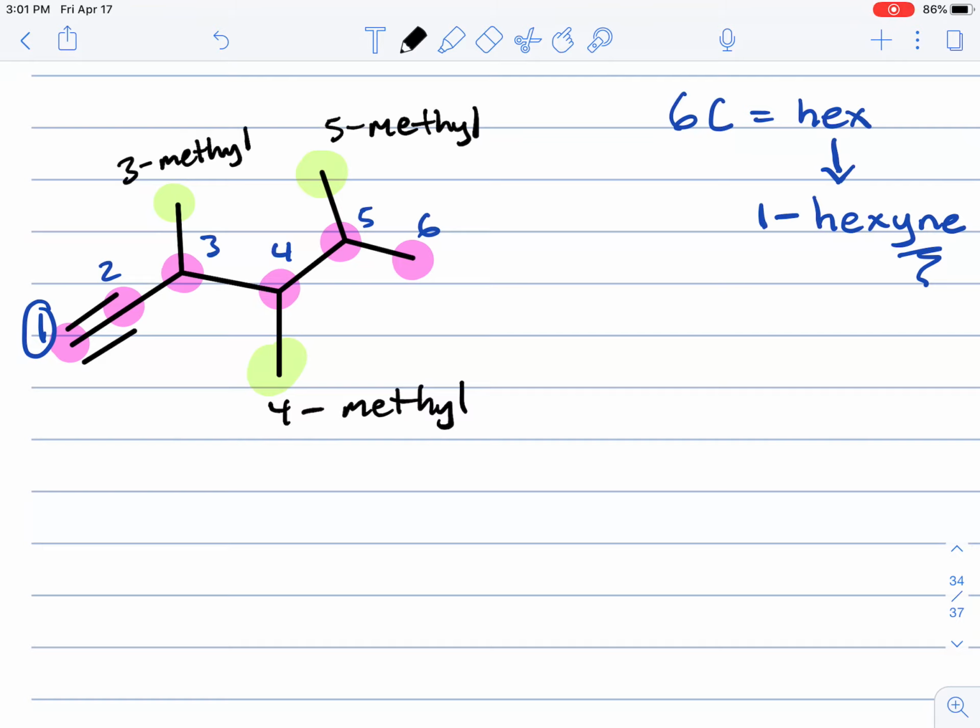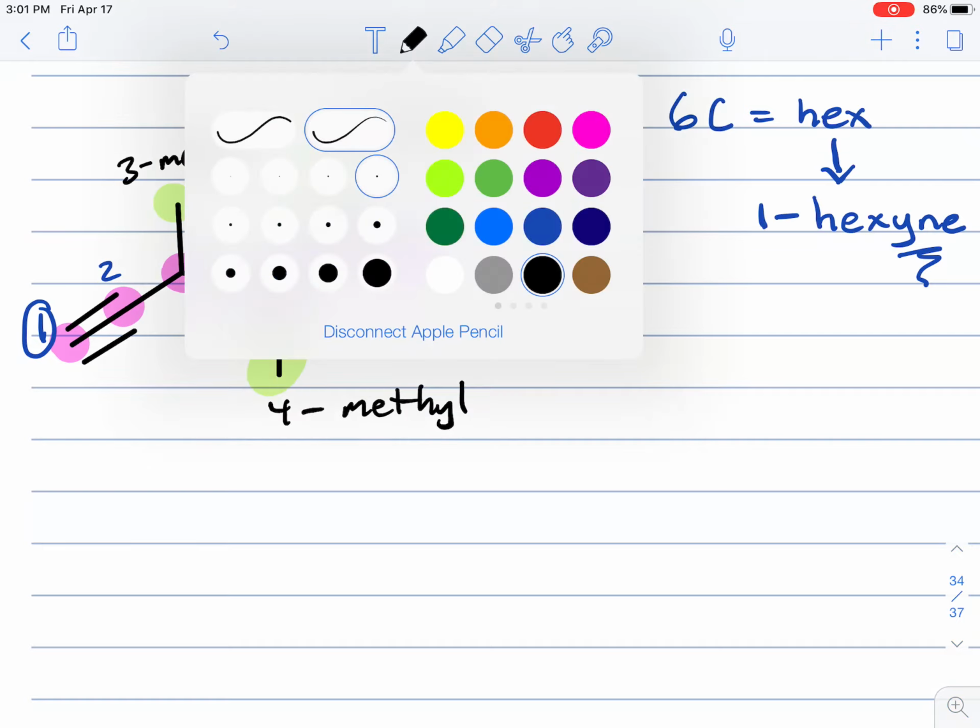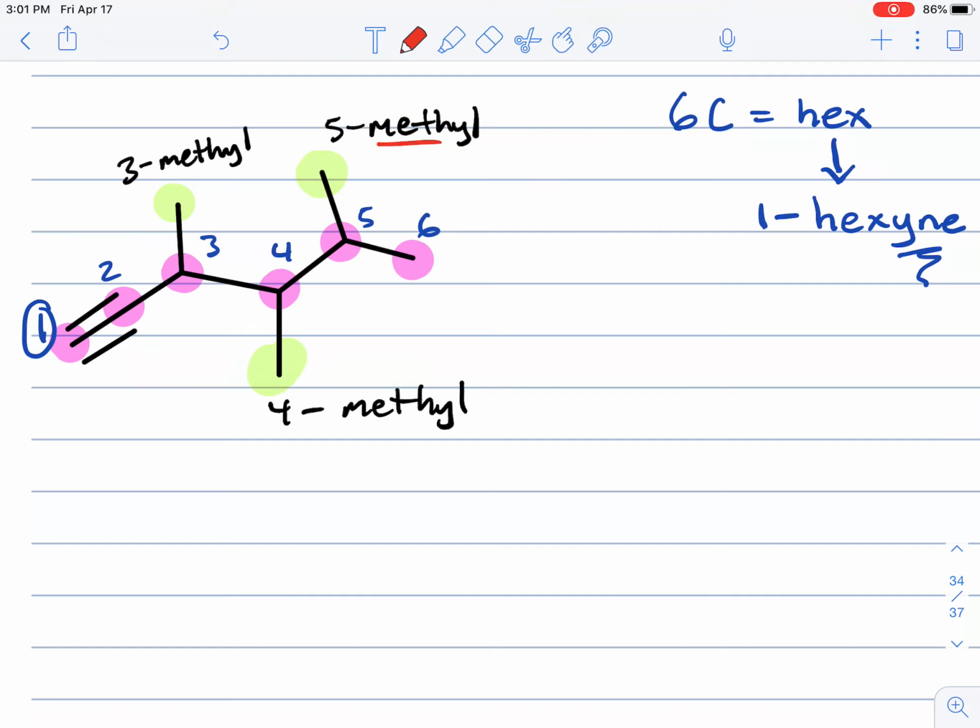And so if you guys look at the name, methyl, methyl, methyl, they're all the same. So I'm going to clump them up and order it from increasing number, so 3, 4, then 5, right? So I'm going to put in 3, comma, 4, comma, 5, because I'm putting all of the same substituents together.